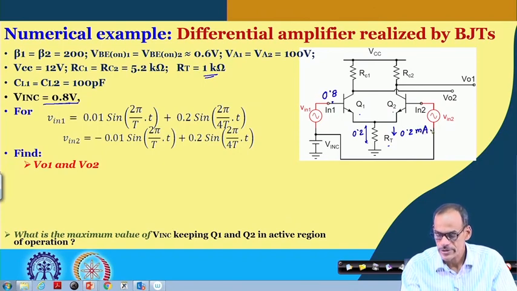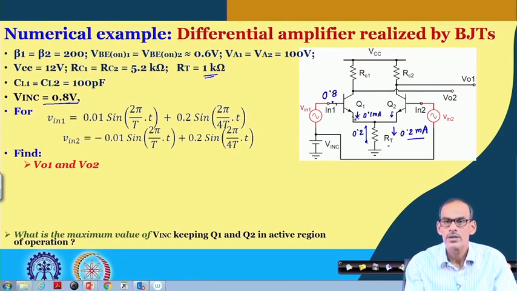Of course, strictly speaking, if we have say 0.2 milliampere current, and we have a split of this current, and the emitter current is say 0.1 milliampere, then VBE will not remain at 0.6, it may be definitely lower than 0.6, maybe around 0.5.